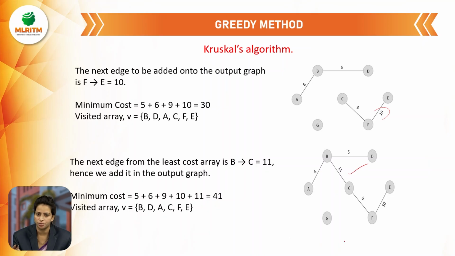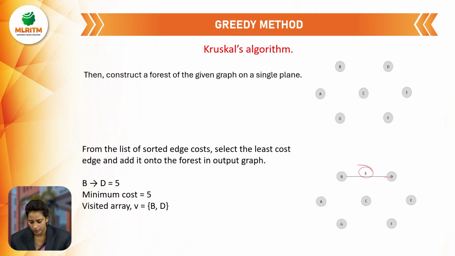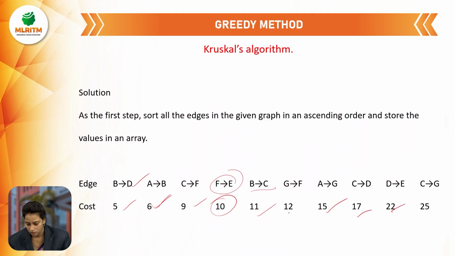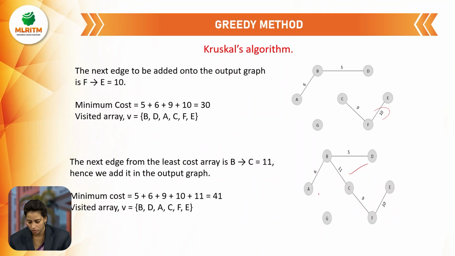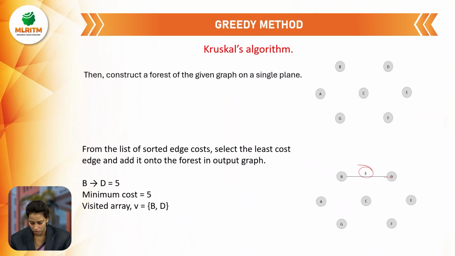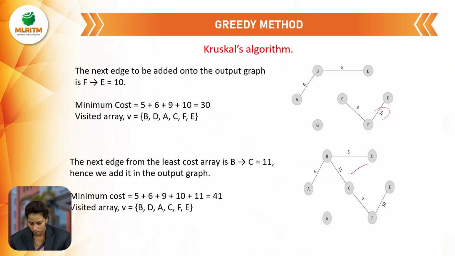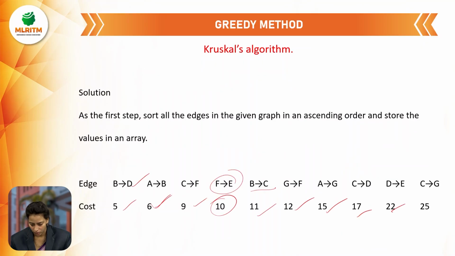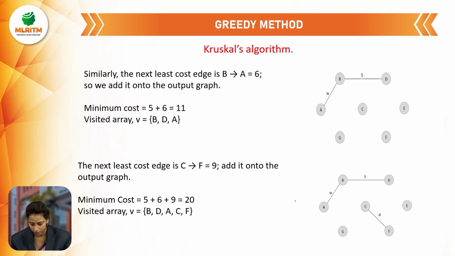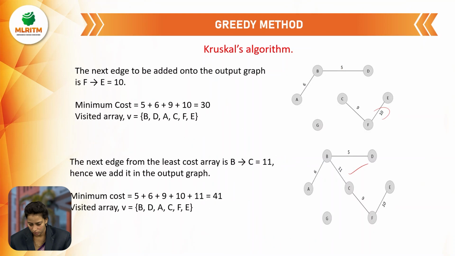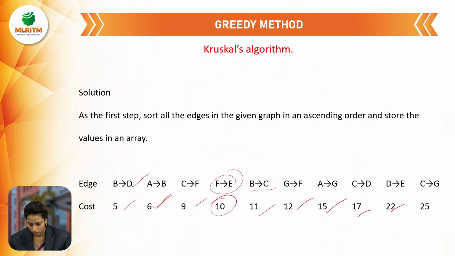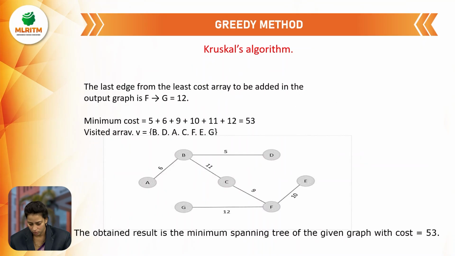Add that edge into the spanning tree. Next, G to F. F to G is 12, right?